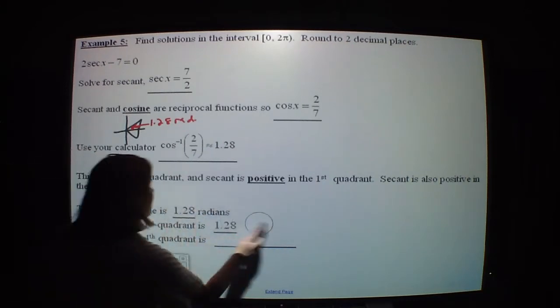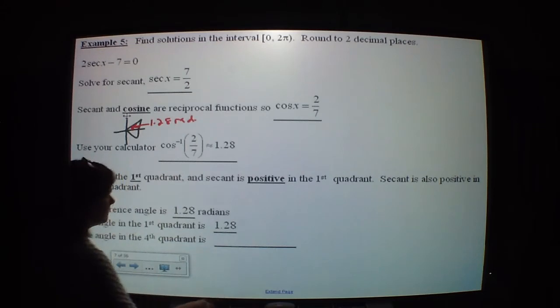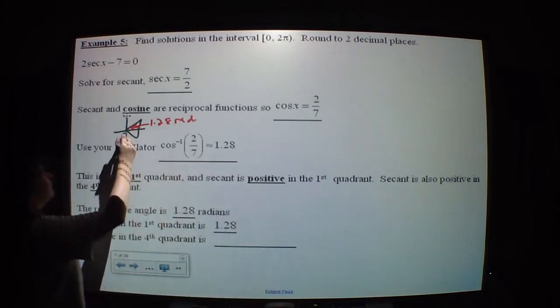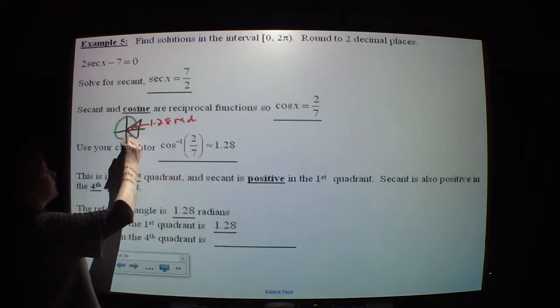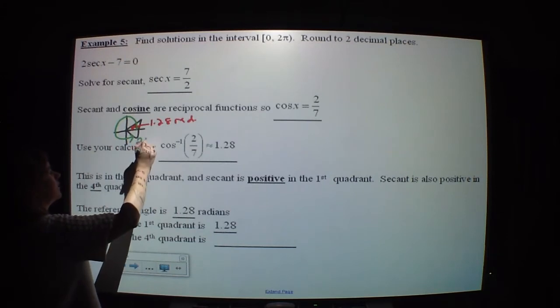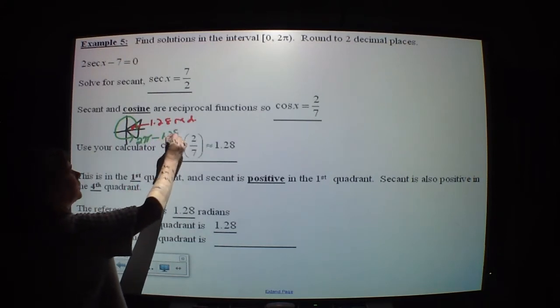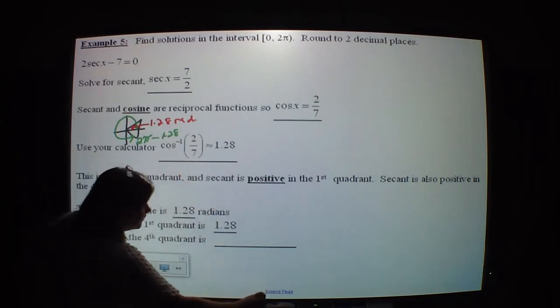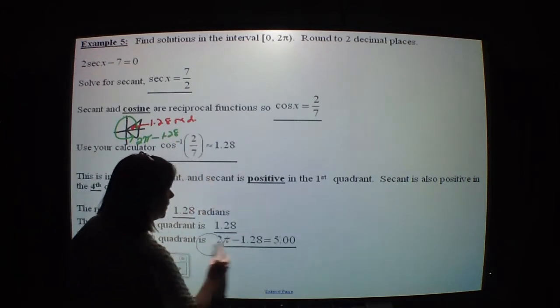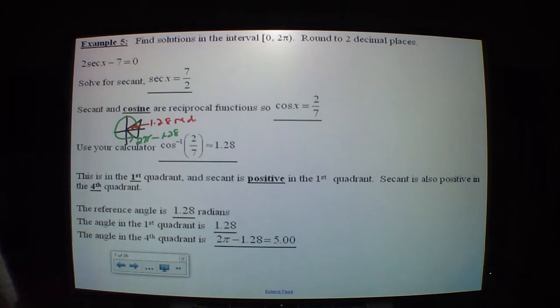So the angle in the first quadrant is 1.28. That's what I was saying. In the fourth quadrant, the angle is 2 pi minus 1.28. Put that in your calculator. 2 pi minus 1.28, and you get approximately 5.0.